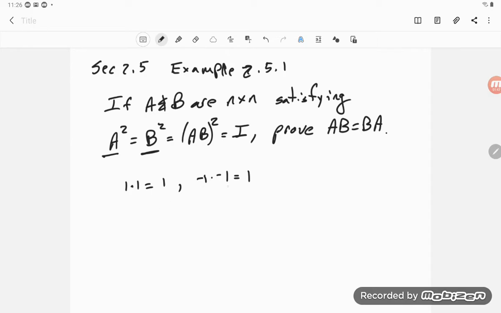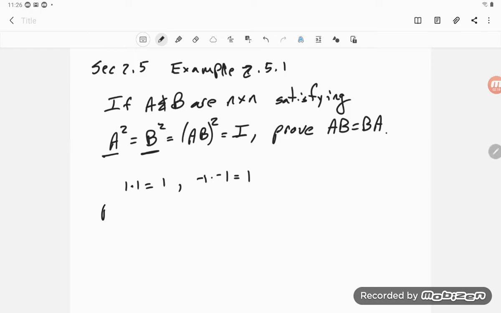And so -1 is its own multiplicative inverse. So the fact that some matrices might be their own multiplicative inverse isn't that amazing, but actually there are quite a few matrices that are their own inverse. That's just something to keep in mind that I think might be overlooked if you're just looking at the proof and so forth.